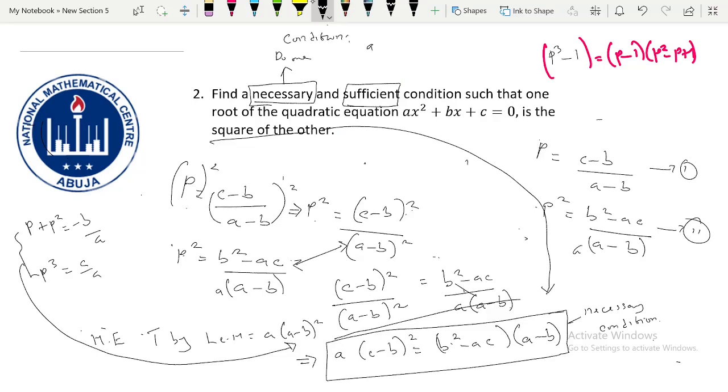Before we even try proving it, let's check if the condition is correct. Because if it's not correct and you're trying to prove something that's not correct, I'm going to spend all day. So I'm going to clean all this now.